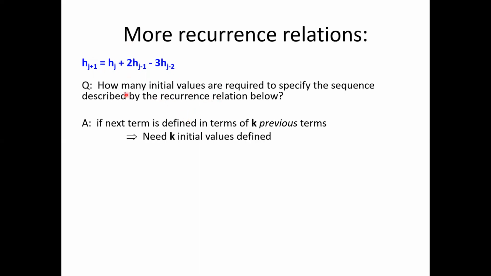And the answer is that if the recurrence relation defines the next value in terms of values of the sequence at consecutive indices, and it's the previous 3 indices, then you need 3 initial values to be defined for this little piece of code to be able to recursively define all values of the sequence for all indices.